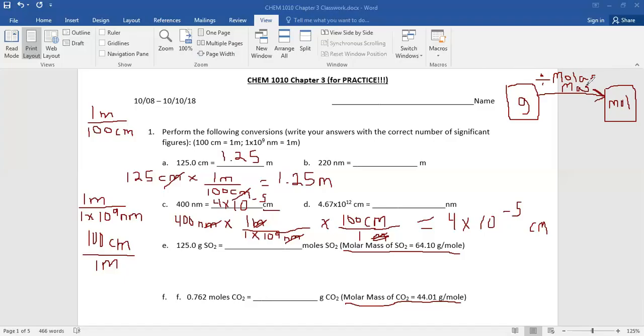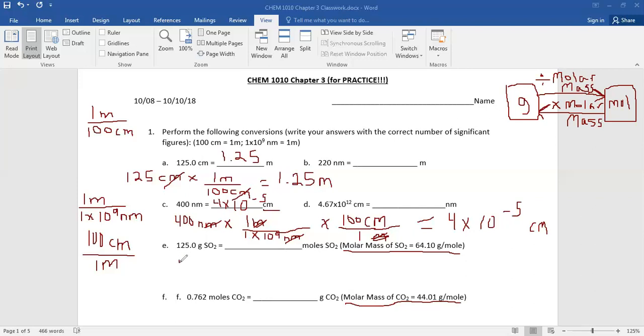If we want to do the opposite, like in part F, we want to take the moles and convert to grams, then we need to go in the opposite direction and therefore multiply by the molar mass. So to convert moles to grams, you multiply by the molar mass. To convert grams to moles, you divide by the molar mass.